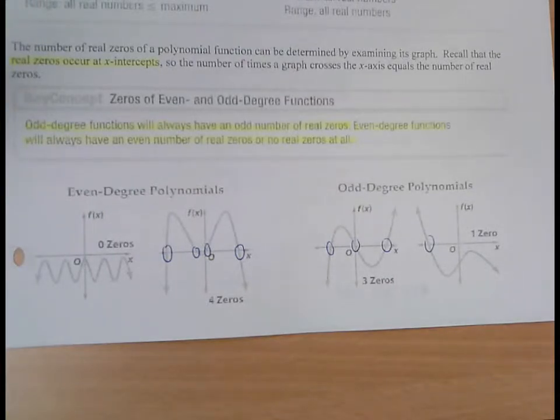A double root is when a curve approaches the x-axis and just touches and then comes back down. So for a parabola, if the vertex is on the x-axis, that's a double root. When that happens, it still counts as 2 zeros. Even though it's technically one number, it still counts as 2. That's just kind of a side note that might be helpful to know.